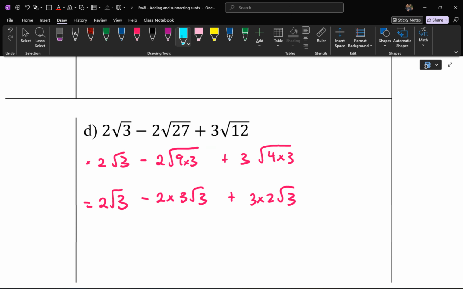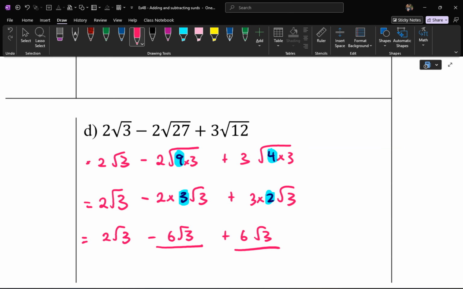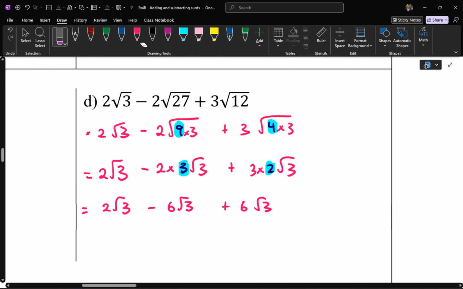I skipped a step. I did the square root of 4, that's how I got the 2. And I did square root of 9, that's how I got the 3. And that gives me 2 root 3, take away 6 root 3, plus 6 root 3. Well, these 2 are going to cancel out. Negative 6 plus 6 cancels out. So you get 2 root 3.